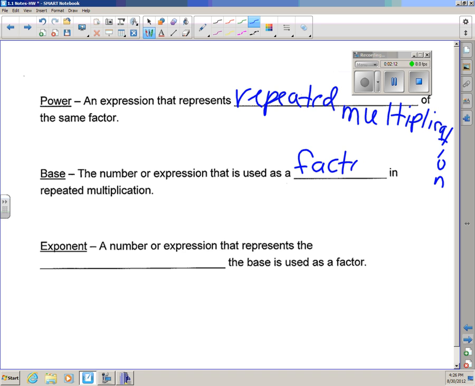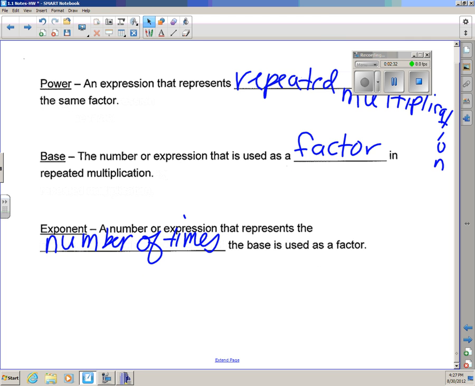That's the number that gets multiplied by itself in the repeated multiplication, and the exponent is the number, or it could be an expression. You can have a variable, believe it or not, in the exponent that represents the number of times the base is used as a factor.